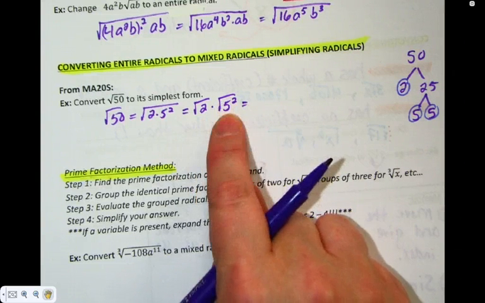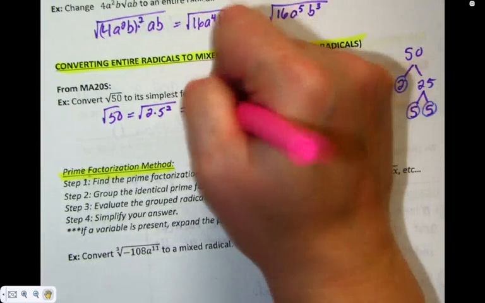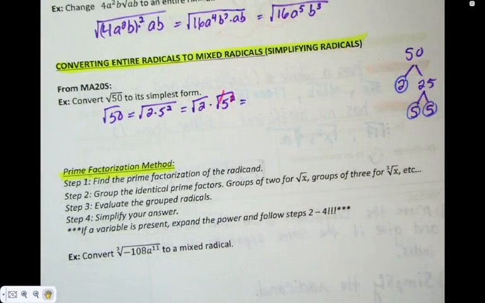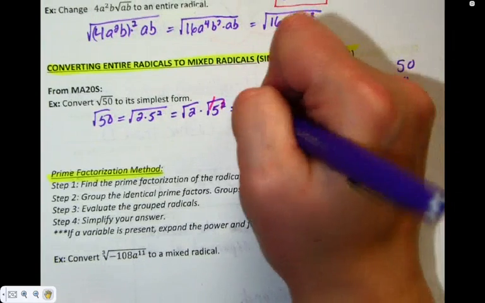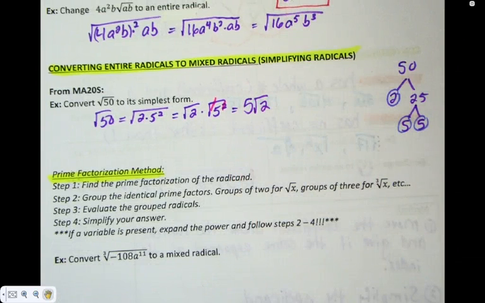What about 5 squared? What happens if I root something that has a square? They cancel, and that's the point of why we're doing this. So the root and the square are going to cancel, and what does that leave us? 5, and then I just have the root of 2 in the background. That's converting to a mixed radical. That's simplifying. You should have seen that last year. Does it kind of look familiar?